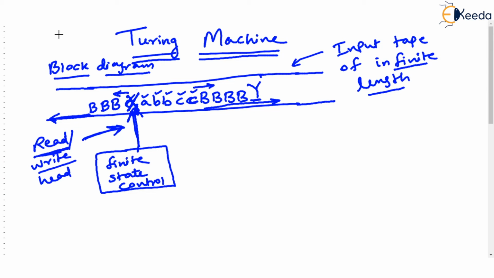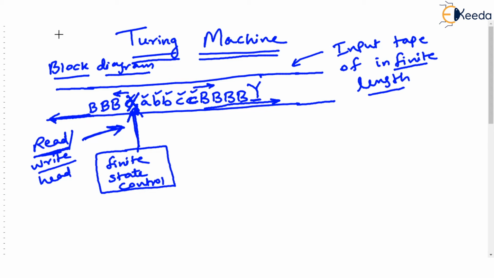But don't forget, like any other machine, this Turing machine can read only one symbol at a time, or write only one symbol at a time. So in one step, we can't write 4 or 5 symbols. At any step, it can write only one symbol and read only one symbol.